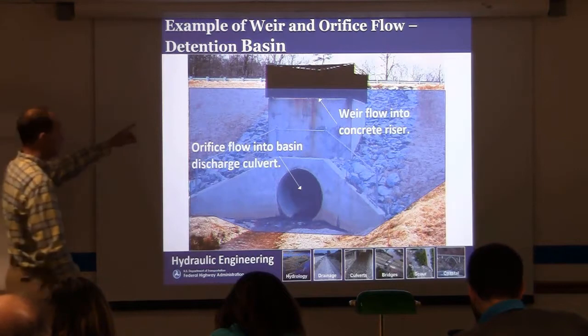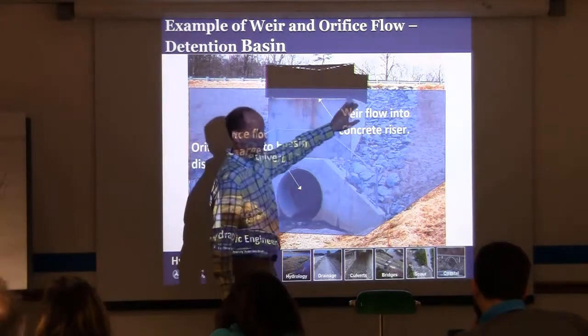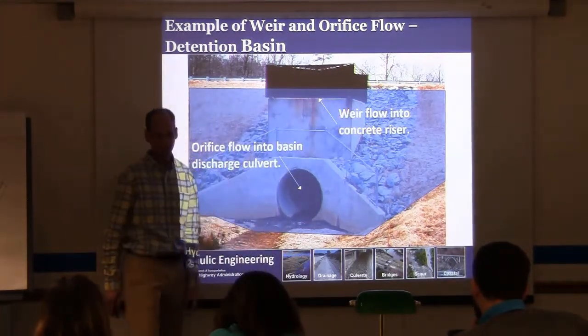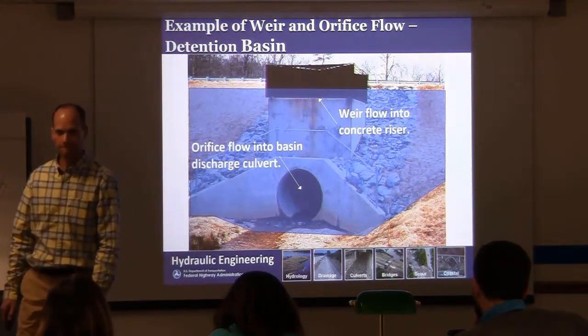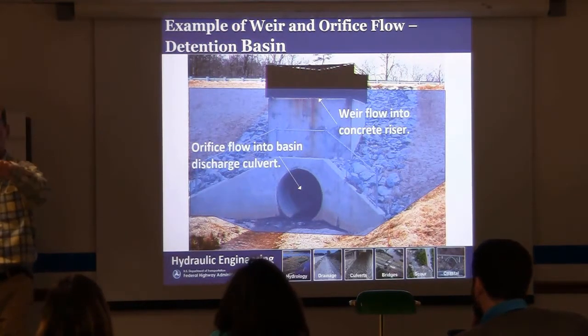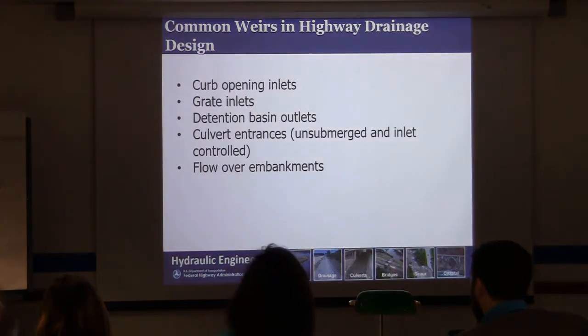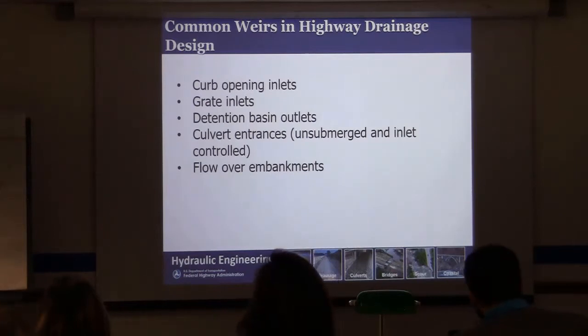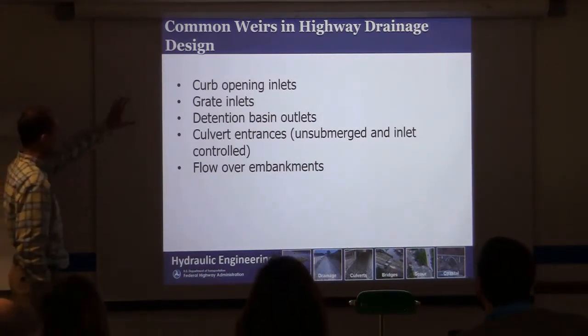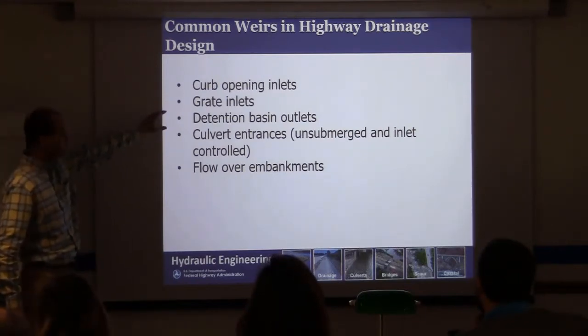So when you're looking at the length, to put in the weir equation here, what are you going to use? Oh, the entire perimeter of the thing. Okay. So again, that's that intuition coming into play. Common weirs in highway drainage design: curb opening inlets that we looked at.